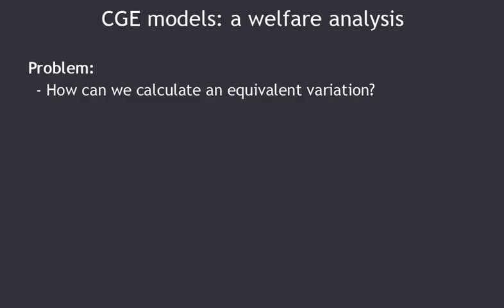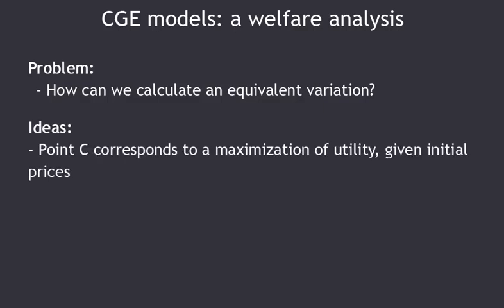The problem we are now asking ourselves is, how do we calculate this equivalent variation? There are several directions that we can take. Point C corresponds to a utility maximization for initial prices. We know how to run a utility maximization program.